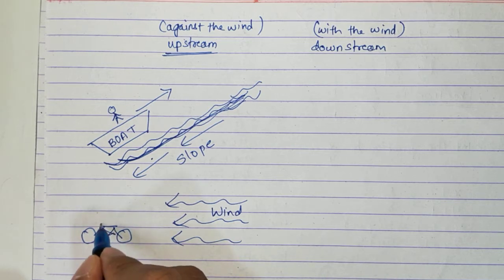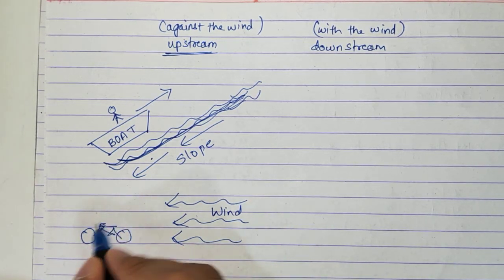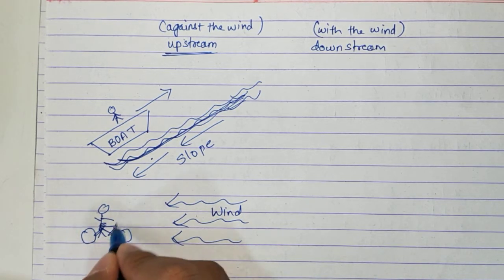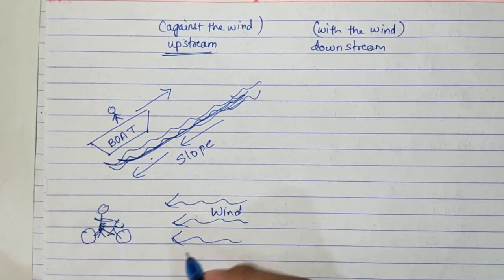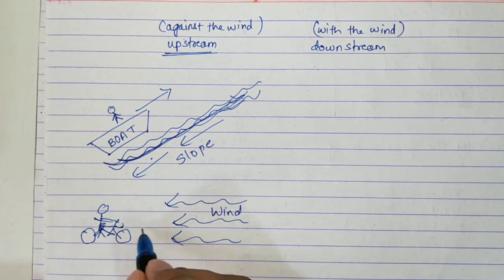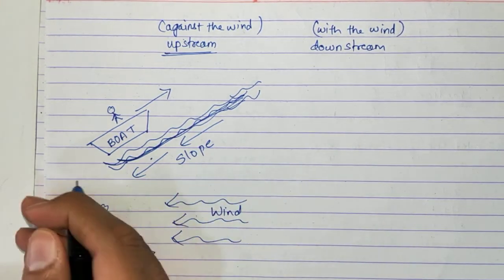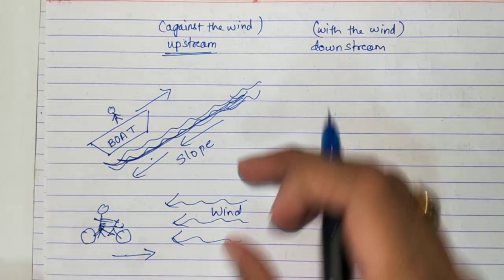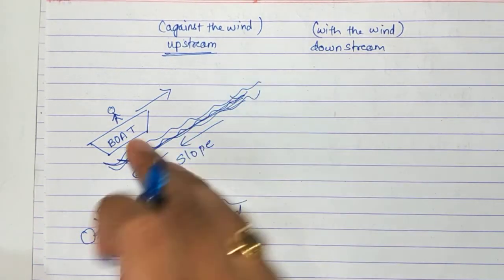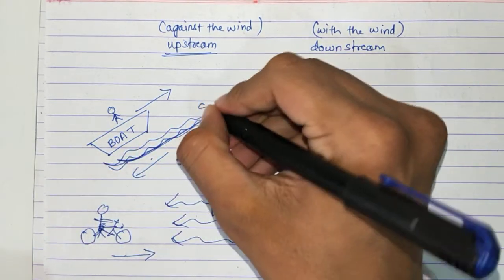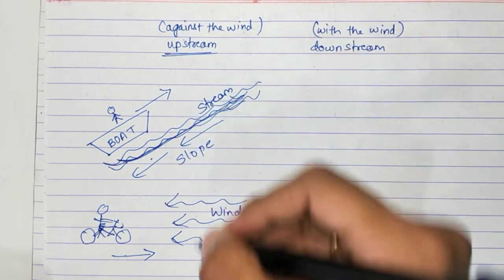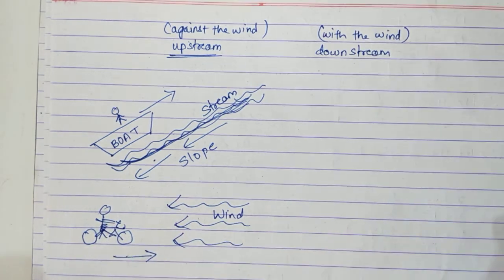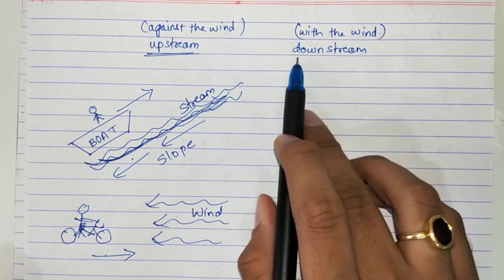Just assume that this is a cycle and you are on it, going in this direction, and the wind is coming in this direction. You are going against the wind, correct? So this concept and this concept are related to each other. Going against the water, going against the stream. Stream means water flow. Or going against the wind. And with the wind, or downstream.